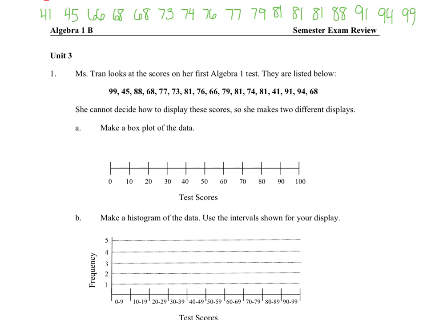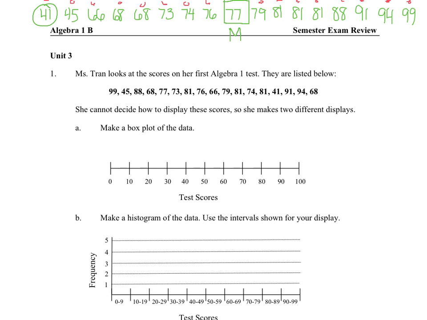So if you want, you can put a dot at the top just to indicate that you're going back and forth, back and forth. And so what we can see is that our median is going to be 77.